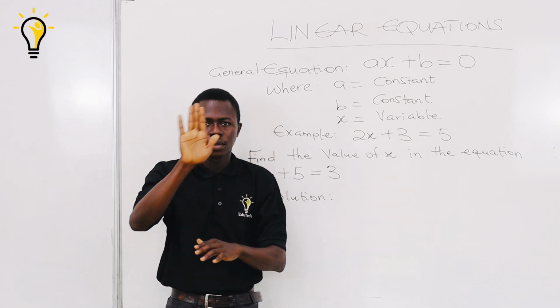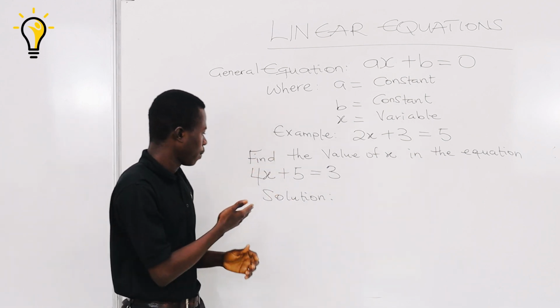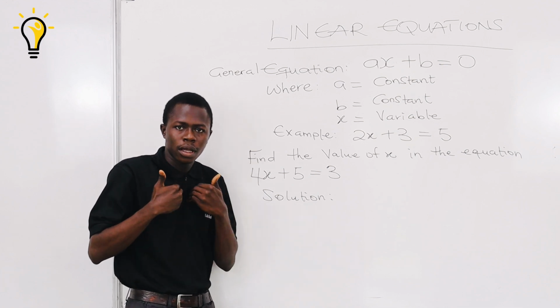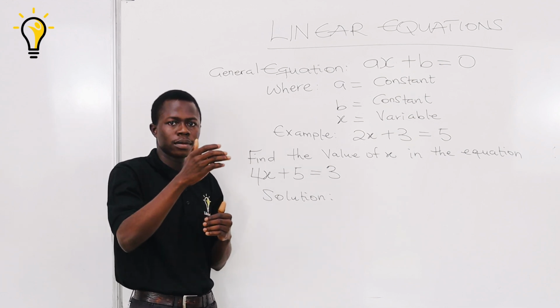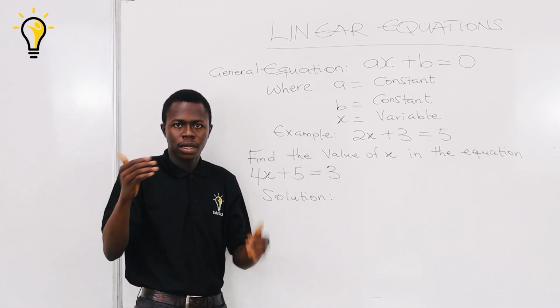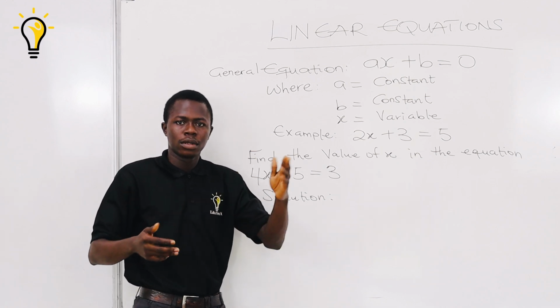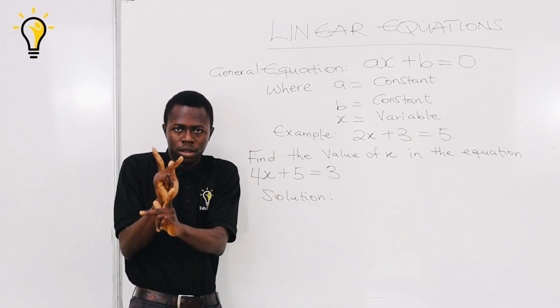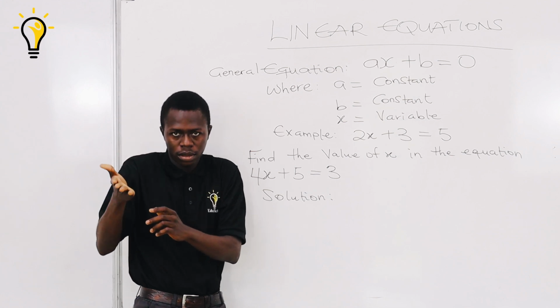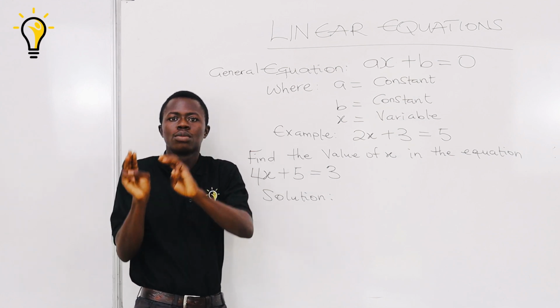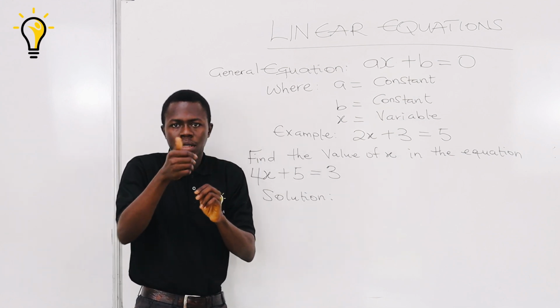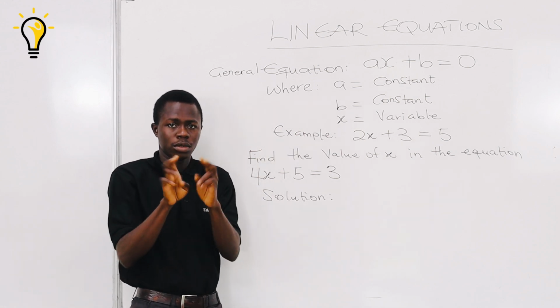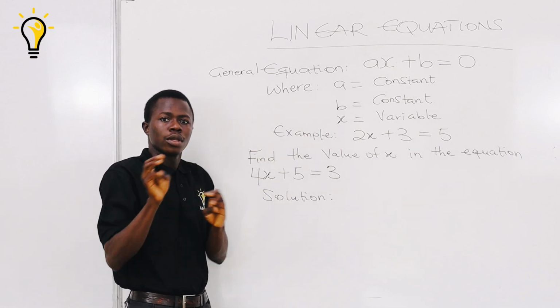So our focus now will be on the board. We have x on one side, and then we have numbers on the other side. So x remains where it is. Then we'll shift our focus to the numbers, because 5 is on one side and 3 is on another side.